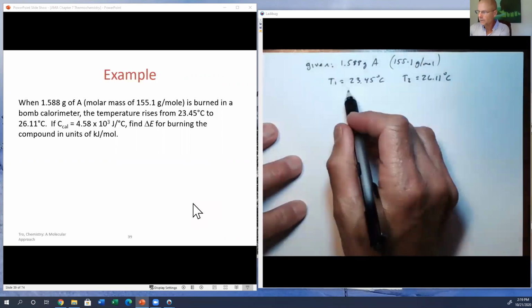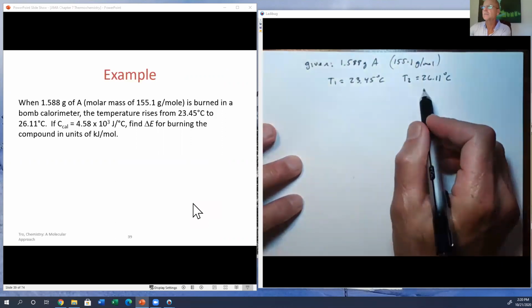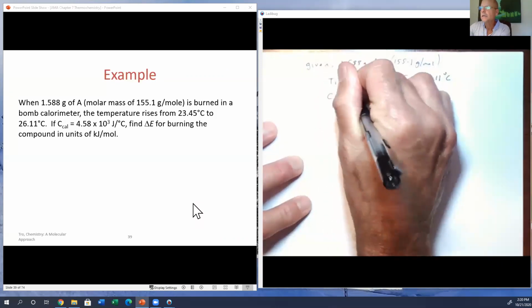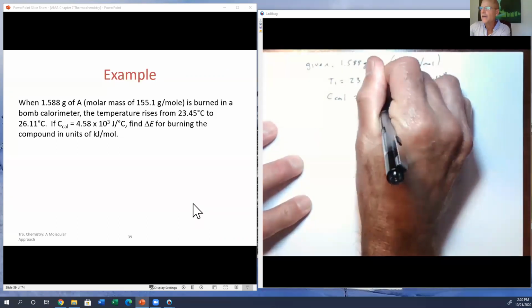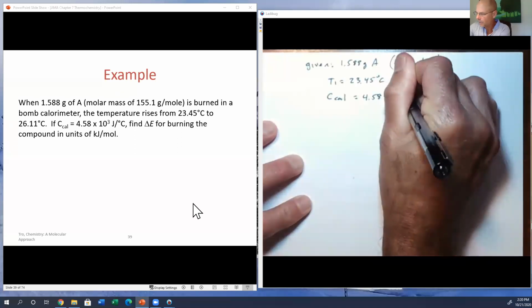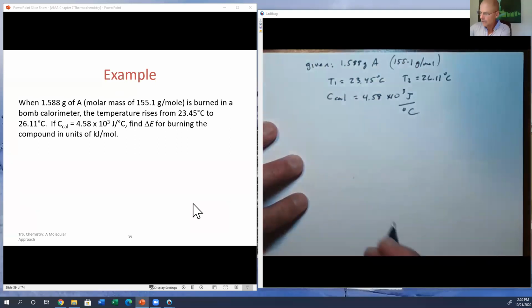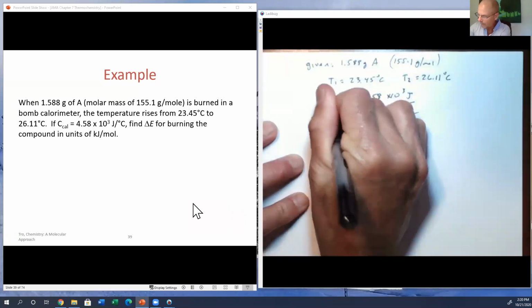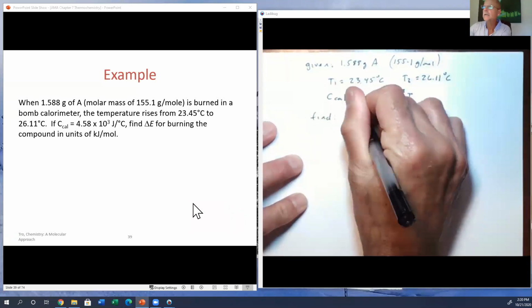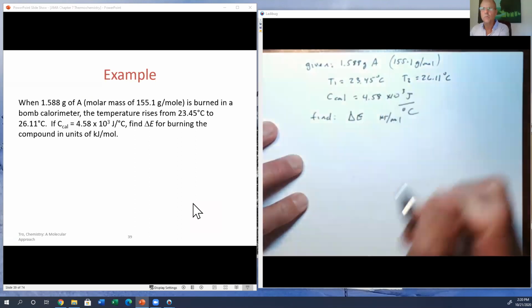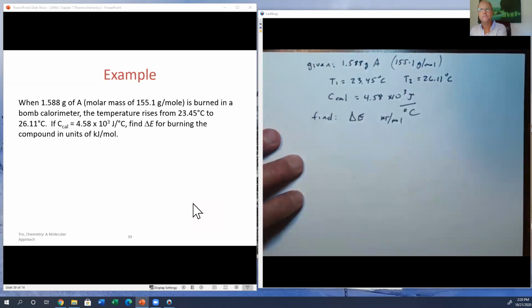So T1 is equal to 23.45, T2 is equal to 26.11, and then you're given C calorimeter is equal to 4.58 times 10 to the third joules per degree Celsius, and you want to find delta E for the reaction in kilojoules per mole, okay?